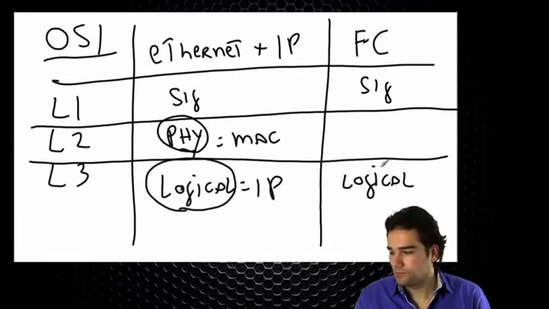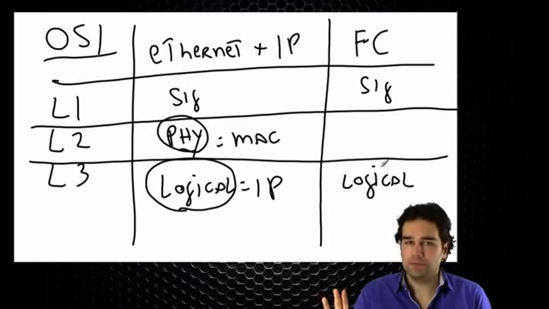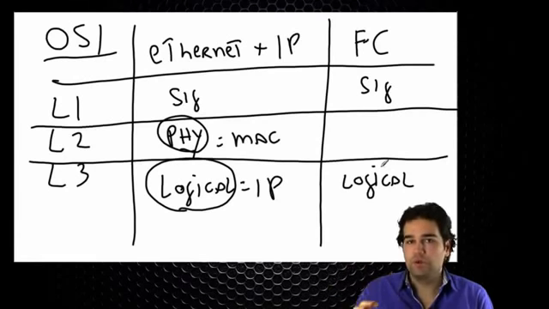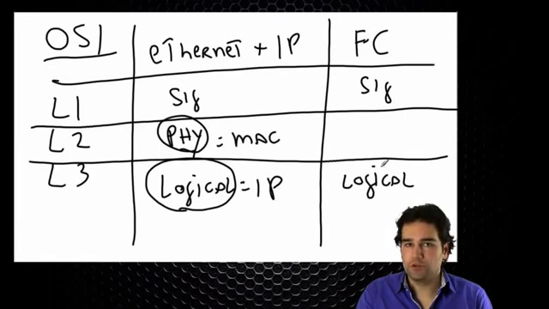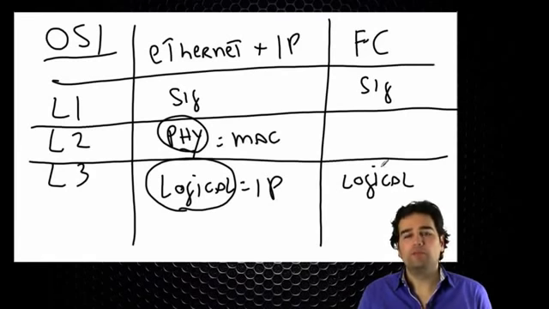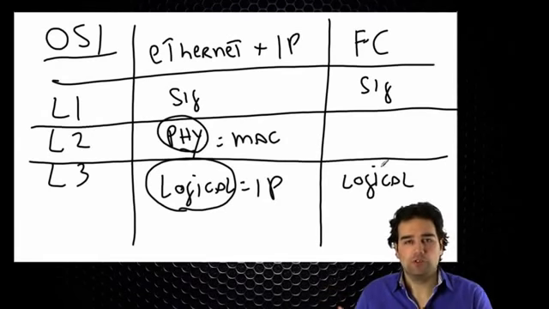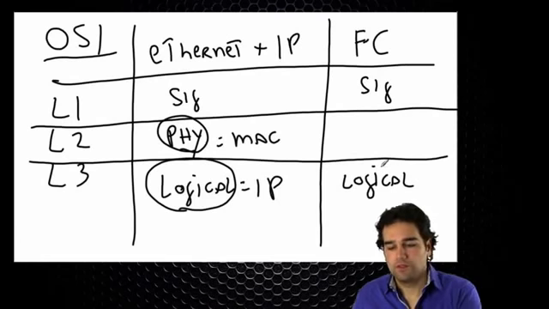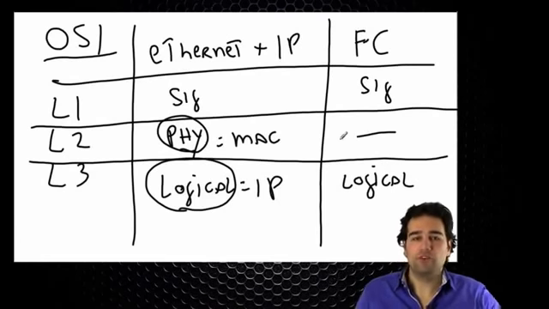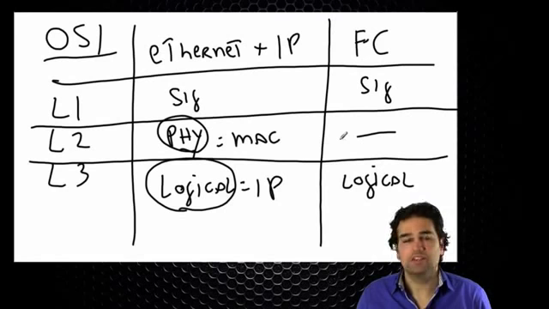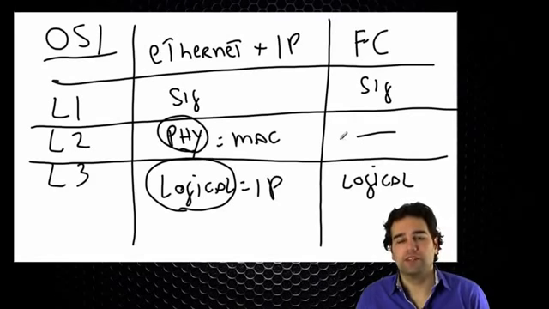I will come back to the details about this in just a few minutes, but I want you to understand that if you read storage books, they tell you Fibre Channel is a layer 2 protocol, but if you want to be able to compare it to the IP world, I say Fibre Channel is a layer 3 protocol without a layer 2. So we have no physical addressing in the Fibre Channel header. We only have logical addressing in the Fibre Channel header.